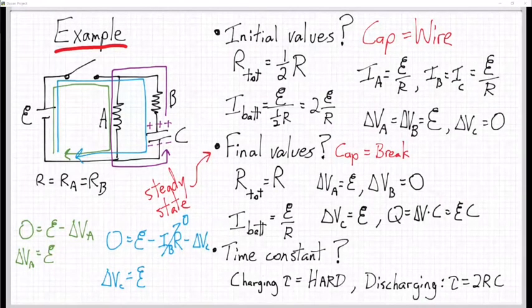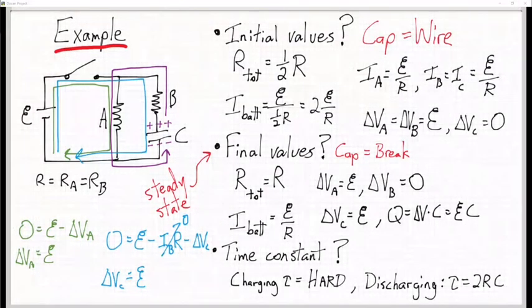In the charging process, they were in parallel, at least at the very beginning. As soon as the capacitor starts charging up, then A and B are not in parallel anymore because there's this other object, C, on one of the paths. But in the initial state, at least, A and B were effectively parallel to each other.